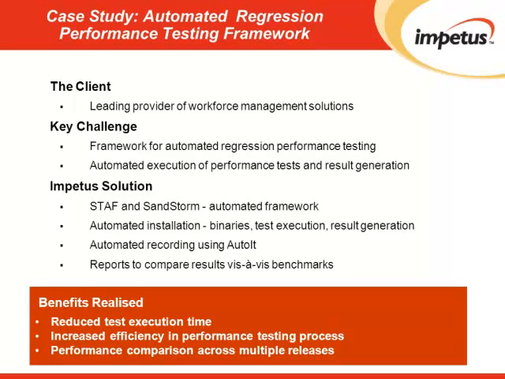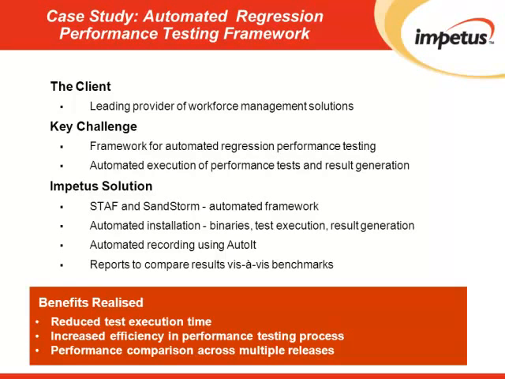The on-site team was responsible for automating the application installation and preparing the test environment, whereas the Impetus team worked on the performance testing automation. We were able to customize SandStorm to support this integration. Command line interfaces were provided for test execution and result generation, and all the test scripts were automatically copied to the load generators before execution.